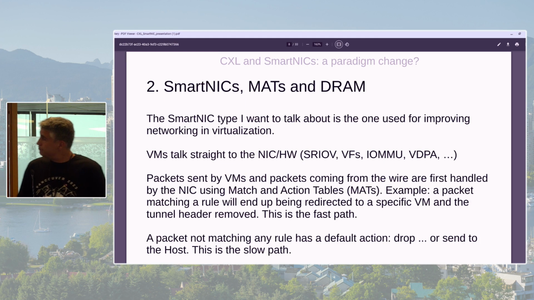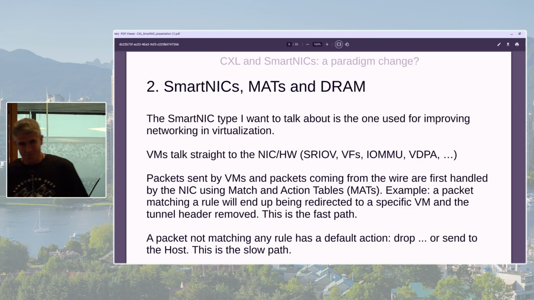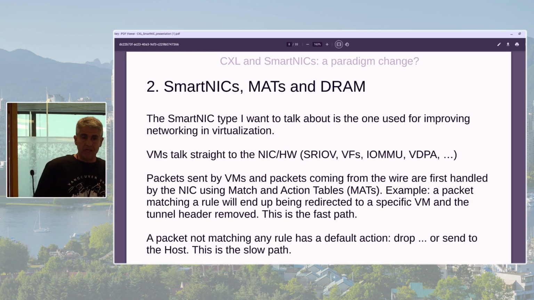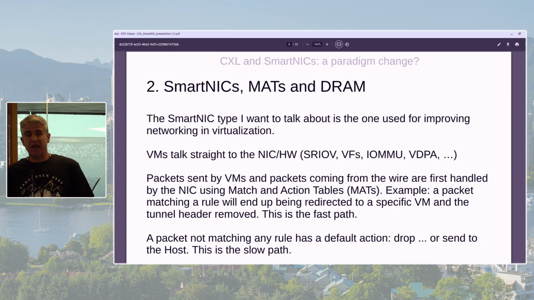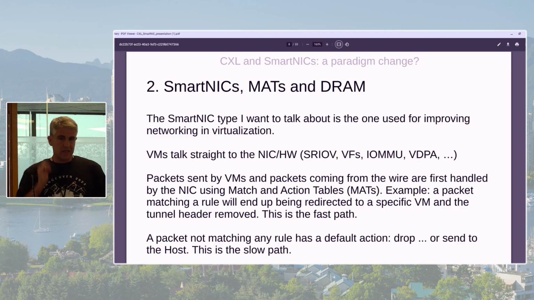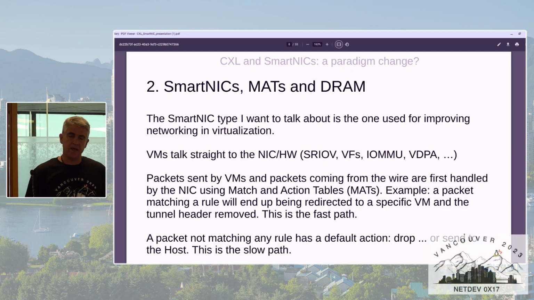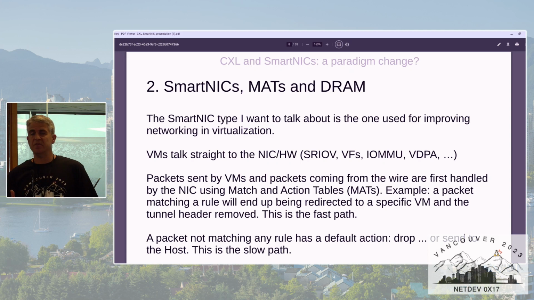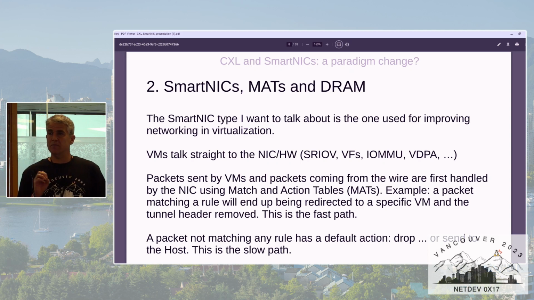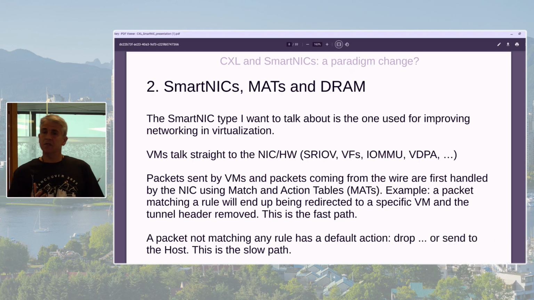Okay, so now let's talk about the SmartNIC that I'm referring to. We have a lot of possibilities for offloading things to the hardware, and I think the initial idea of these SmartNICs was to accelerate networking for virtualization, for VMs, and then you have VMs talking straight to the NIC.